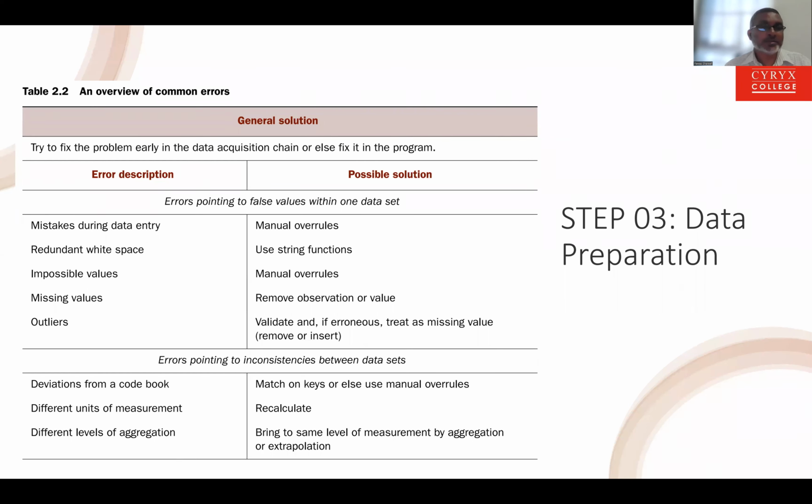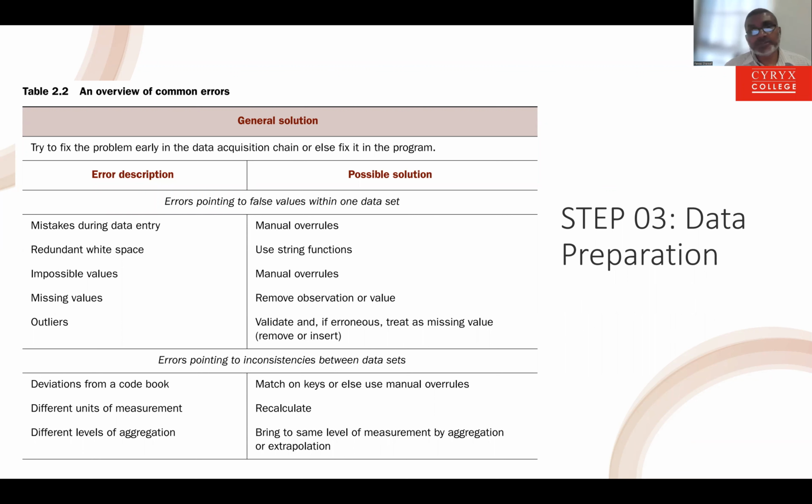If it is a very large set with many mistakes, then we may have to come up with code to do that. For redundant white spaces, we can use string functions to get rid of the white spaces. Let's say, for example, when we are doing the analysis, if a string has an empty white space at the end and the normal string does not, then in the analysis it will treat those as two different strings. So we will have to make sure that all those are removed.